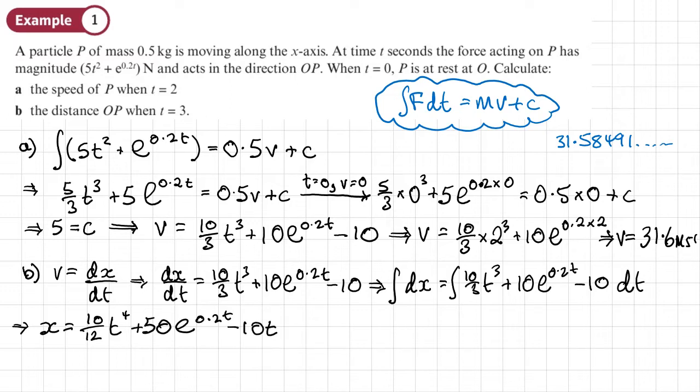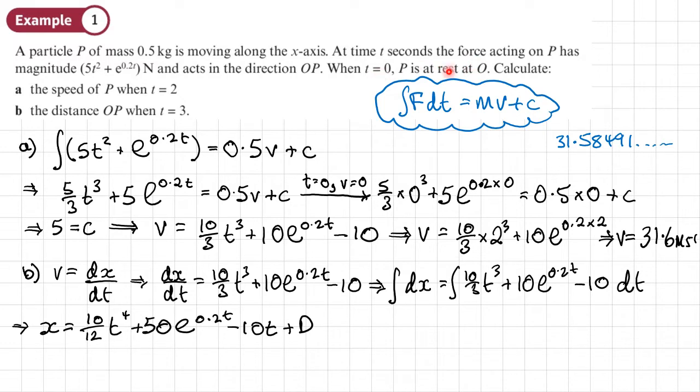plus our constant of integration. So I'm just going to use a different letter to avoid any confusion. So I'll just go to the next letter in the alphabet, D. So now we scan the question to see is there information about x and t, so I can find D, and it's here. When t is 0, P is at rest at O, so it's at the origin.